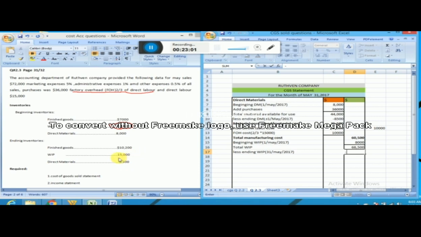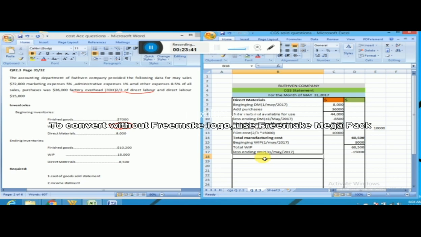If you look here, 15,000 work in process are left. Total work in process was 68,500. And in the 68,500, only 15,000 remains on 31st May, which is not converted to finished goods. That will be converted to finished goods in our upcoming months. So that's why from the current month we are subtracting.